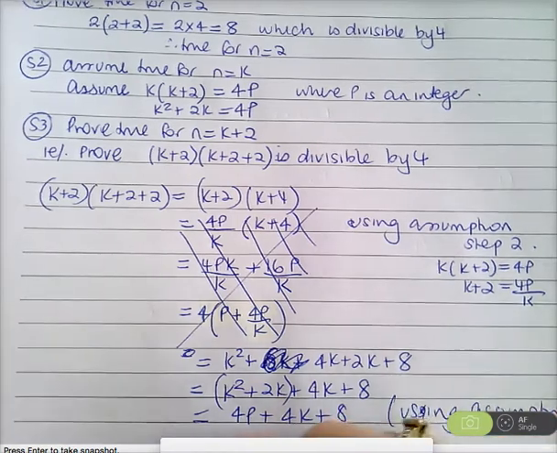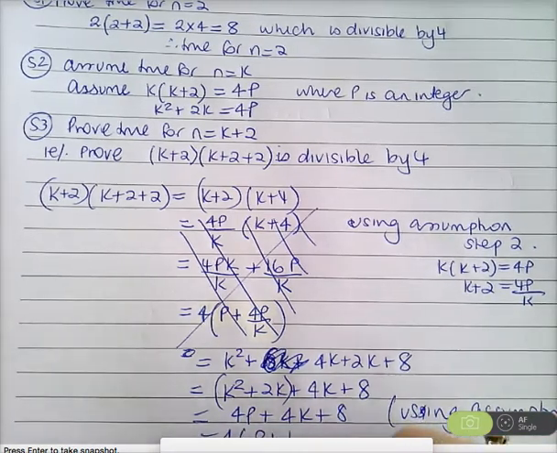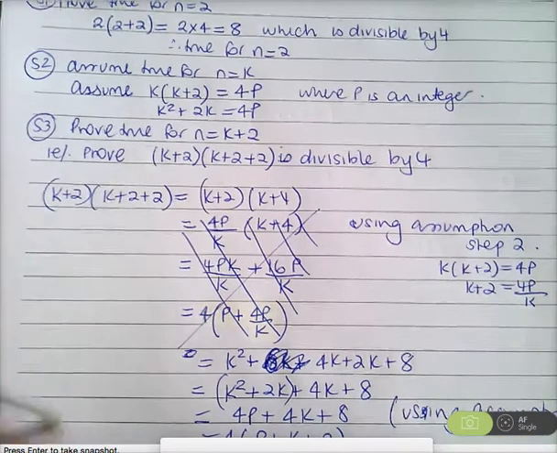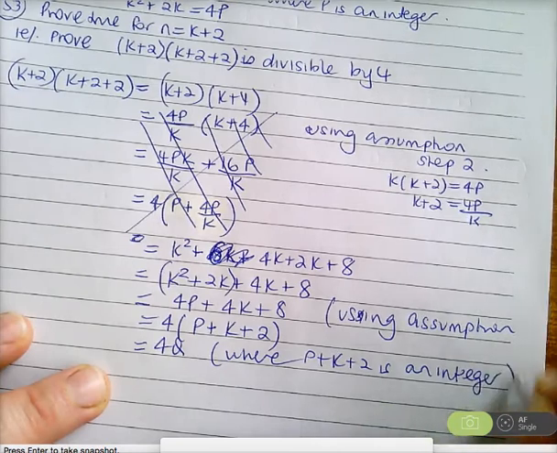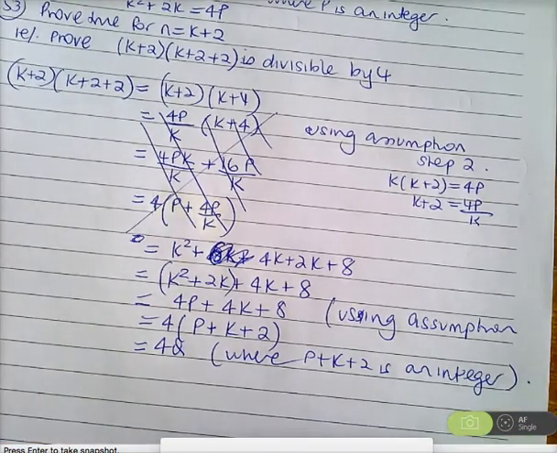Which is 4 lots of p plus k plus 2, which equals 4 times q, where p plus k plus 2 is an integer. This is much better. Therefore divisible by 4.